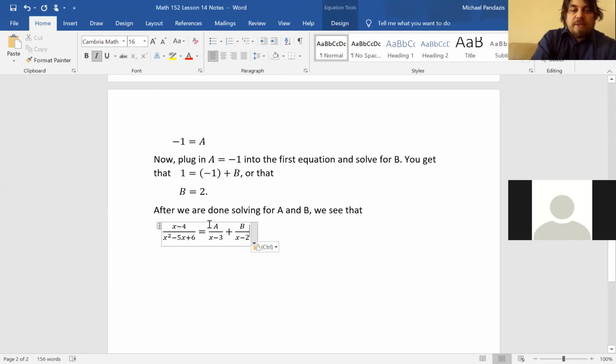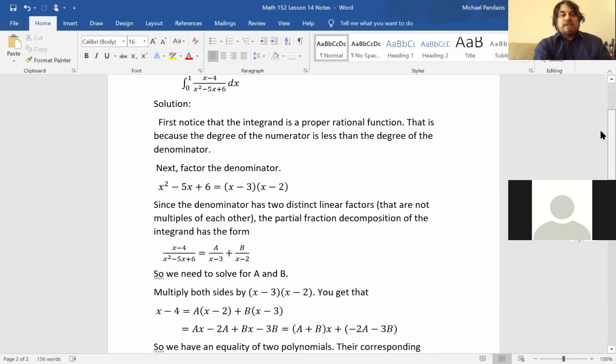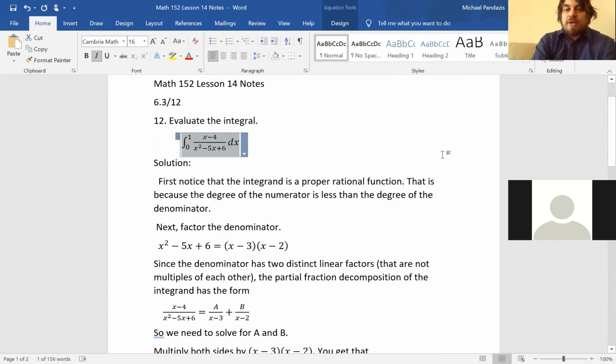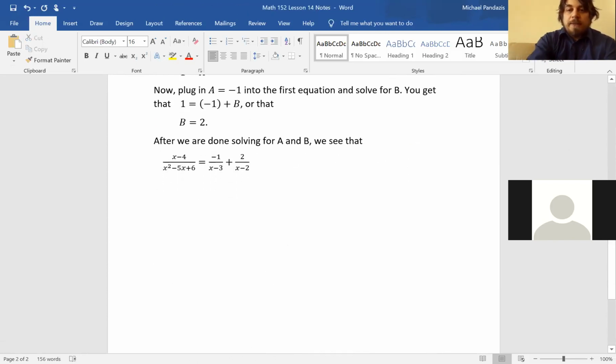So what was left was we didn't know what the values of a and b were. We've now solved for a and b. A is minus 1 and b is 2. And so that means that the integrand is equal to the sum of these two simpler fractions. And so the problem of integrating this original integral using properties of integrals is now reduced to integrating these two.